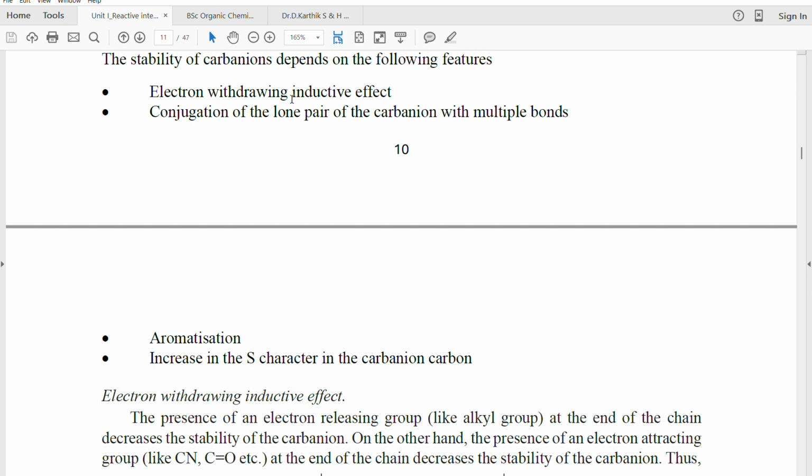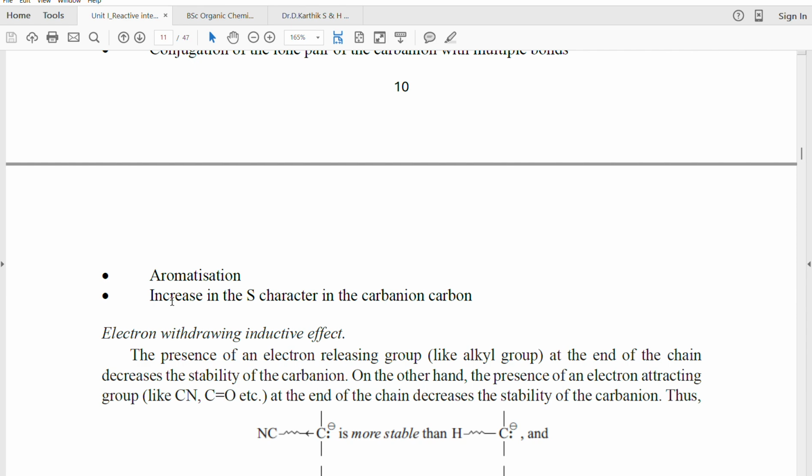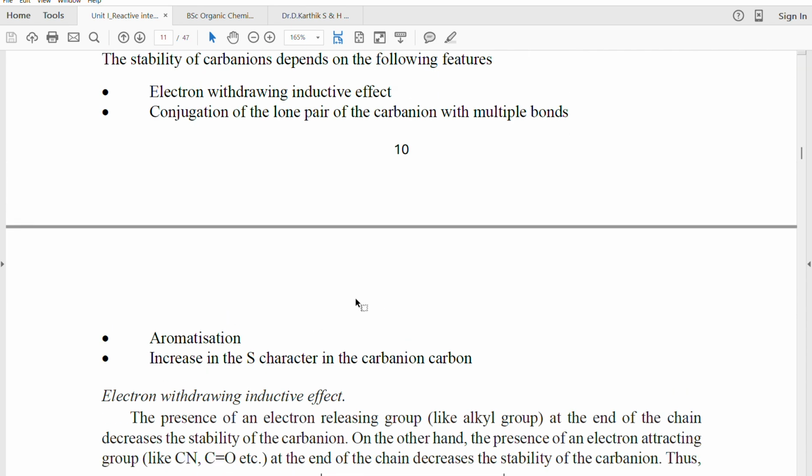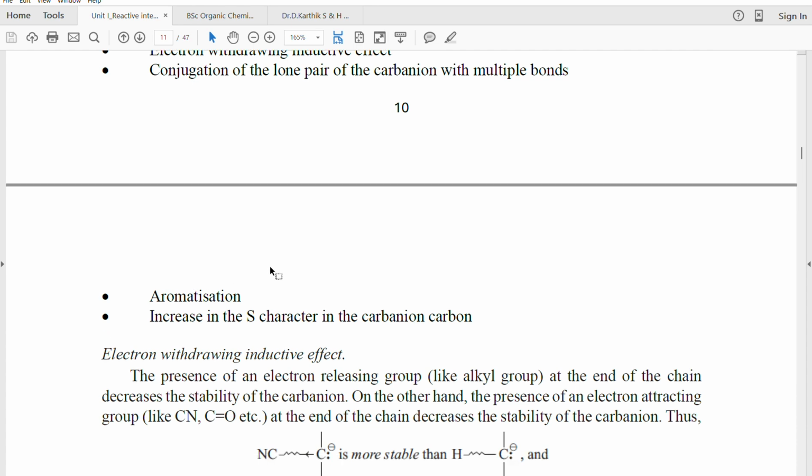One is the electron withdrawing inductive effect, second is conjugation of the lone pair of the carbanion with multiple bonds, third one is aromatization, and fourth one is the increase in the S character in the carbanion. Here we are going to see a new one, that is increase in the S character. In carbocation we have not seen that, but here in carbanion we are going to see this new one, right? The first 3 we have seen for the carbocation.